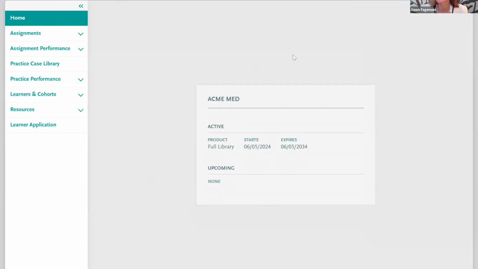Excellent. Thank you, Dr. Stefanovsky. Thank you again for joining us today. We're very excited to show you Healer. And just a little bit of background about Healer. Healer was originally developed by NEJM Group, the publisher of the New England Journal of Medicine, and is now owned by Lecturio. I had the pleasure of working on creating Healer.